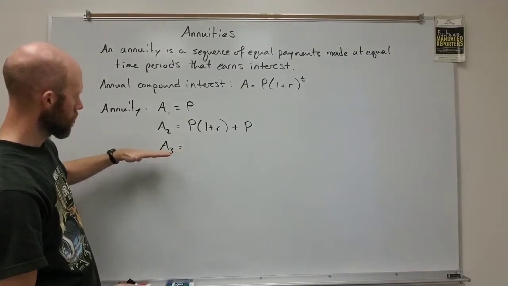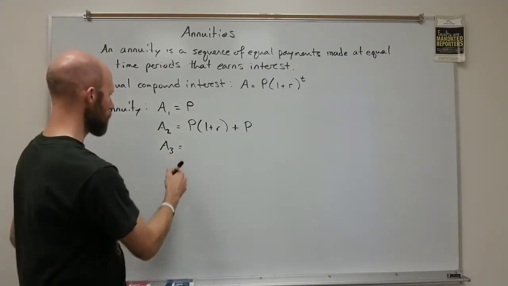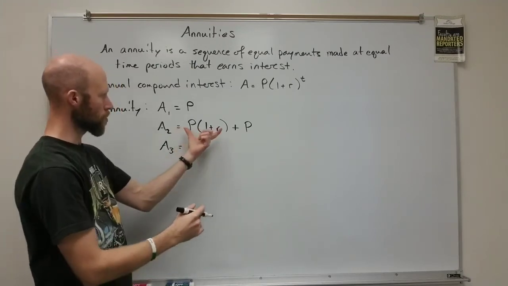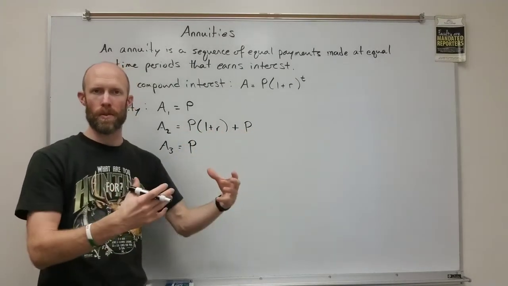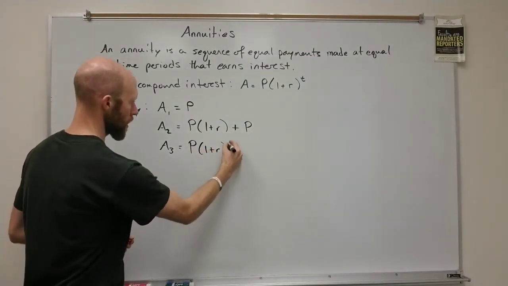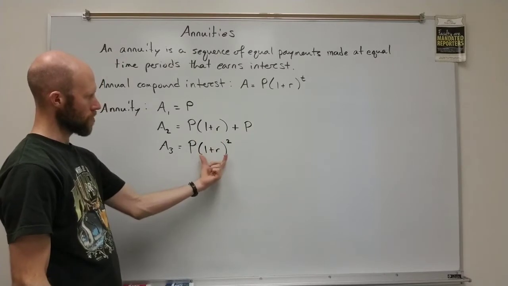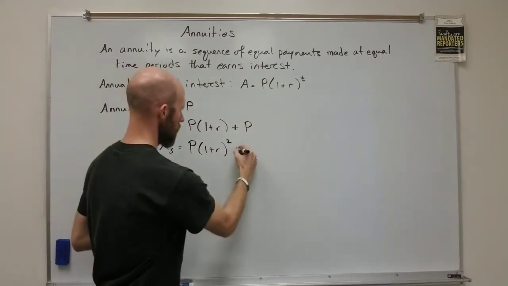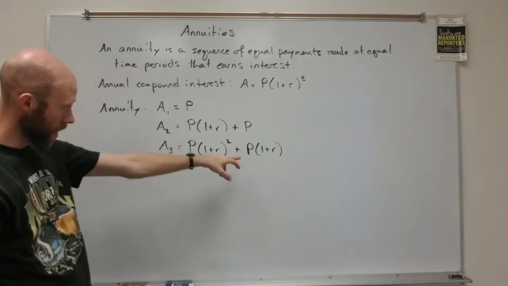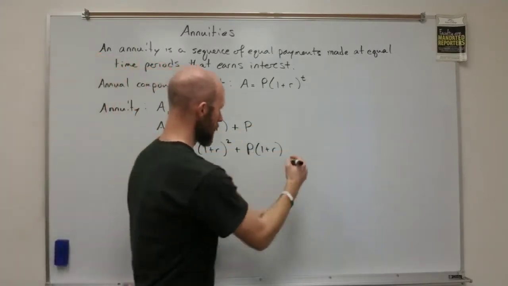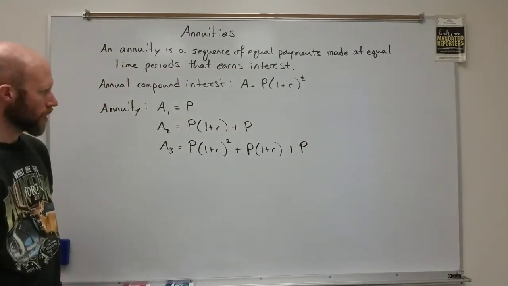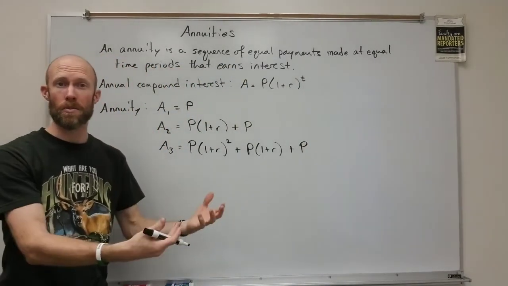as you get to the end of the third year, you apply an interest rate to both of these terms because you've got to earn interest on everything that's already there. So it's going to be an extra factor on that first term, another interest rate earned on the second payment, and then you have to add in another payment. Okay? And you continue this process, right?